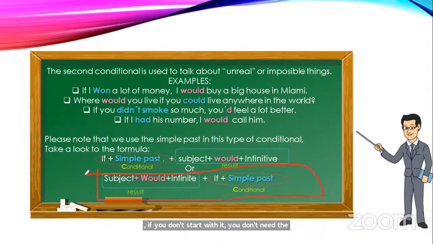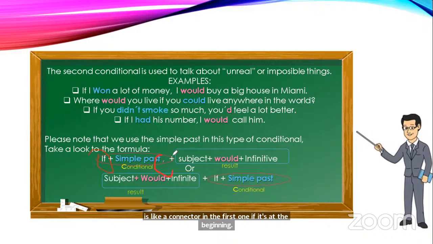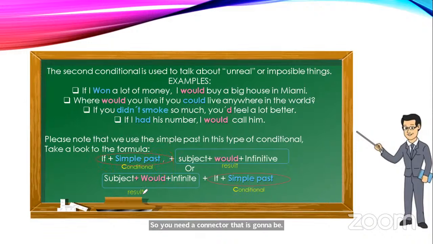You don't need the comma. Why? Because in this context, the conjunction if is going to be just a connector for our sentence. In the first one, if is at the beginning, so you need a connector that is going to be the comma in order to separate both clauses, the independent and the dependent clause, or conditional and result.